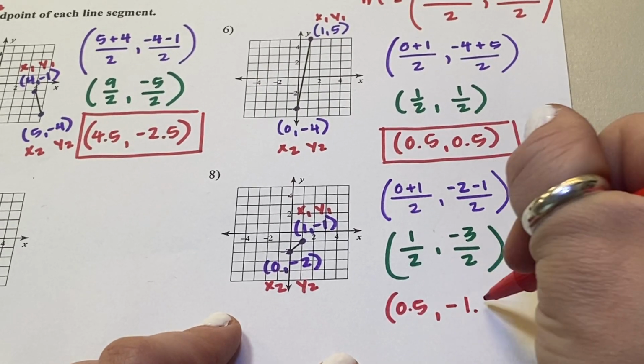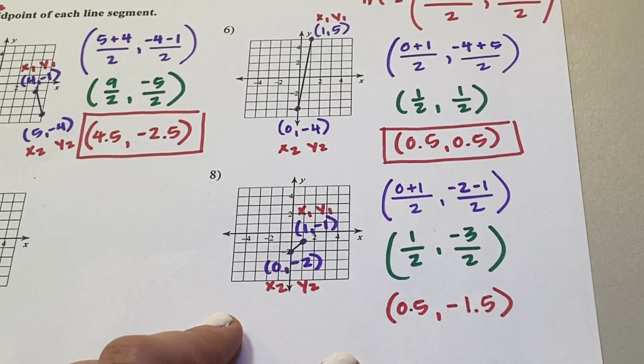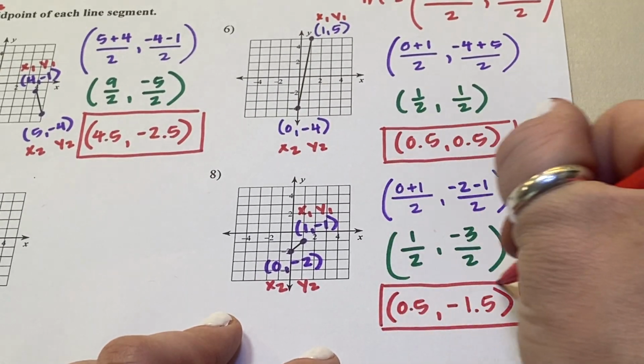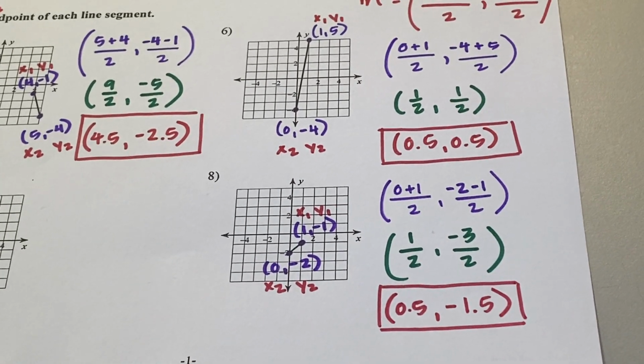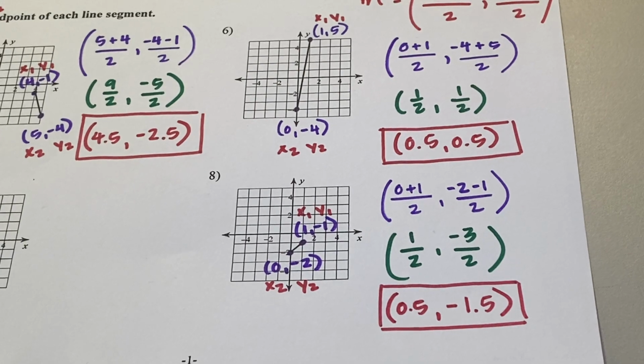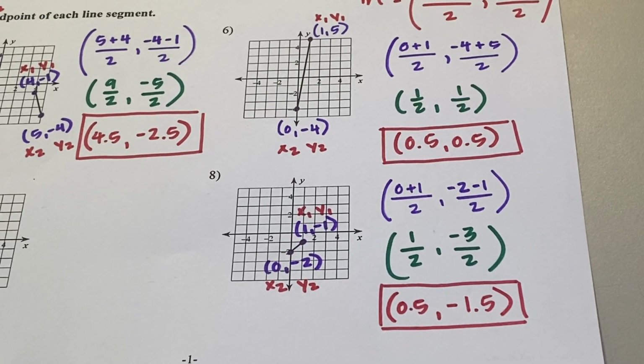Negative 1.5. And that's totally fine too. Either one of those guys, perfectly fine. Beautiful. Okay, let's turn your paper over.